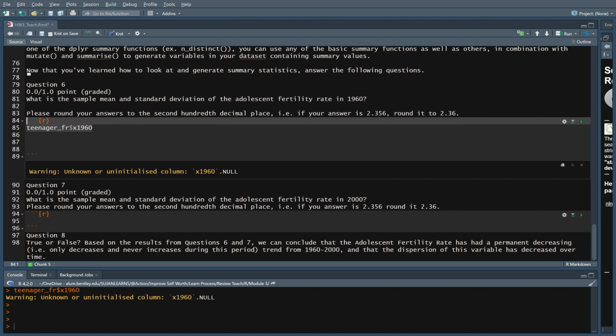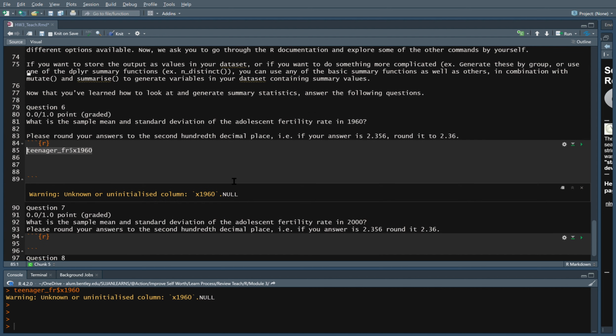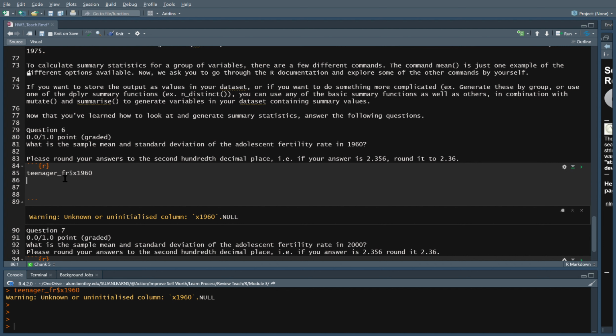And it says that there are null values here in this column. What we need to do is we need to see what we can do about this. When you compute, we can do mean of this variable or this column and na.rm equal to true. And let's see if we run this, what we get.